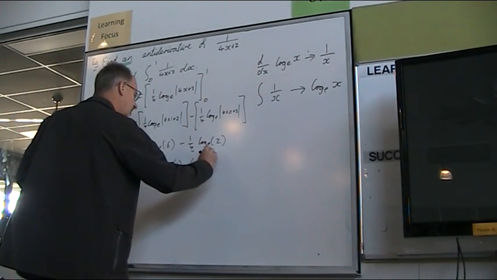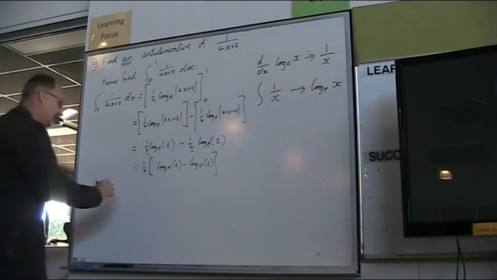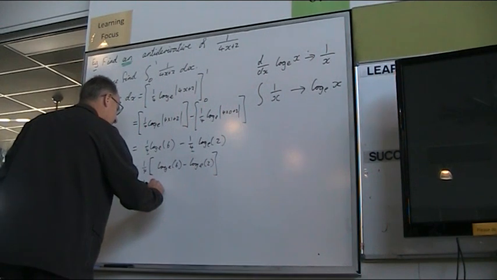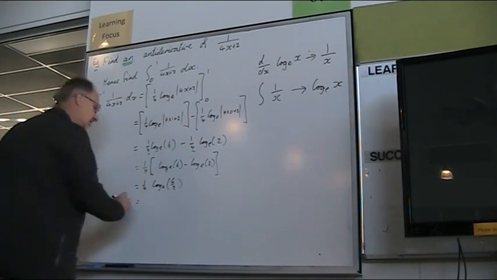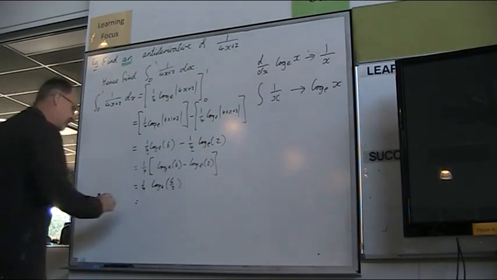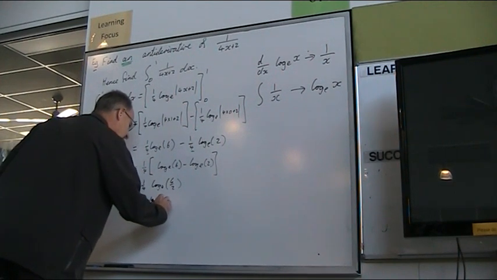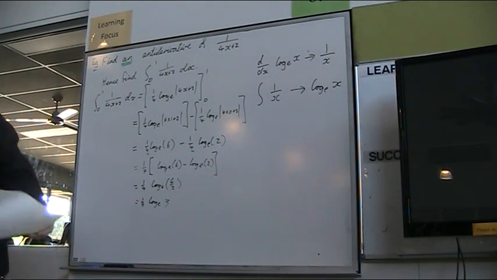When we subtract in logs, we divide: 1/4 log to the base e of 6 over 2, which is 3. So we've got 1/4 log to the base e of 3 as our definite integral.